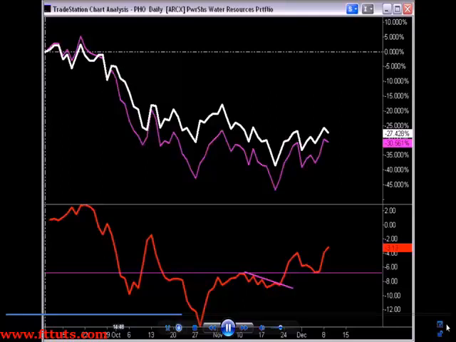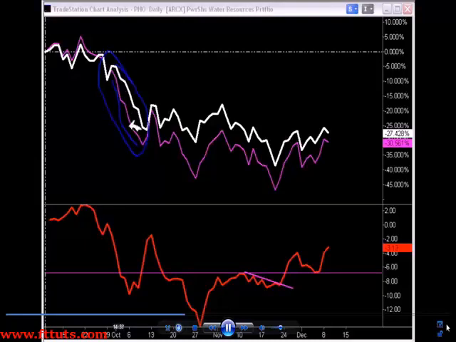Okay, just like here, it's a good example. Both of these markets are going down, but the magenta line, the exchange traded fund we're trading, is underperforming the S&P. Therefore, this line goes down. Then it starts to come up, and it actually matches the S&P.